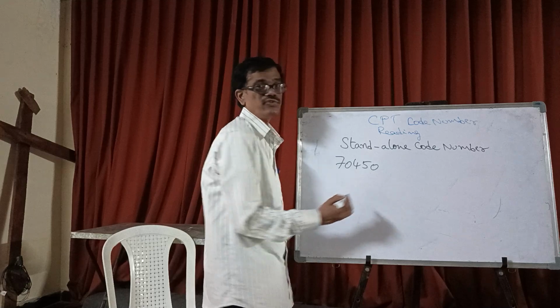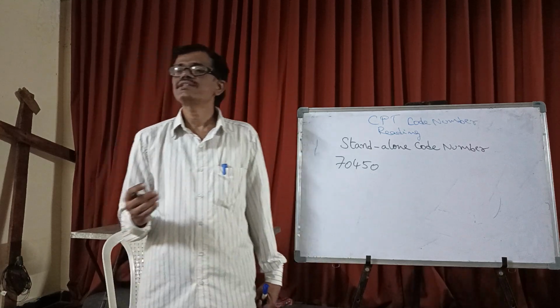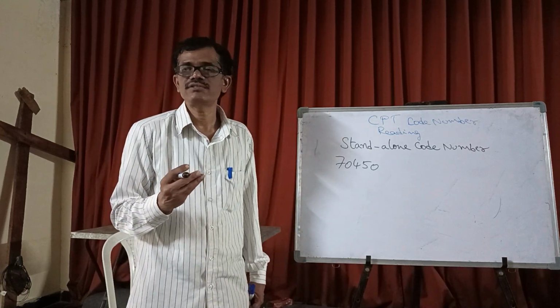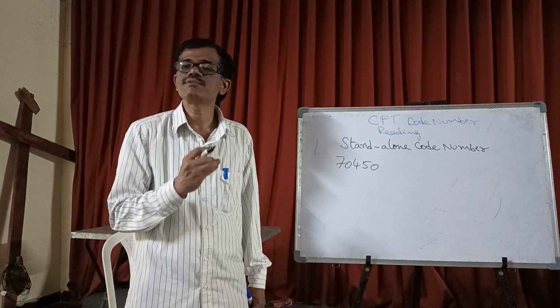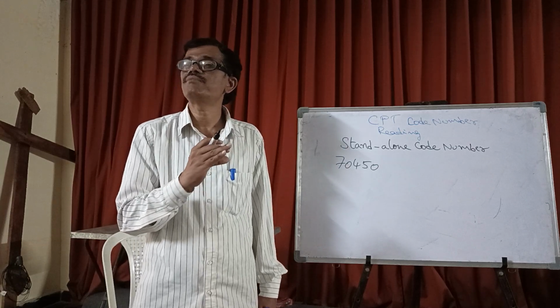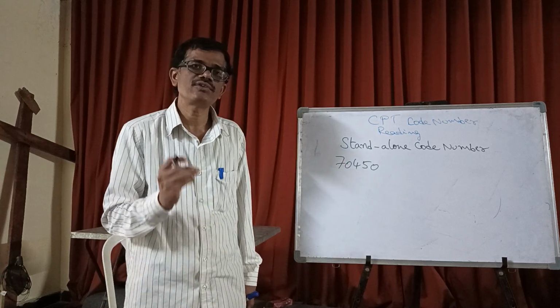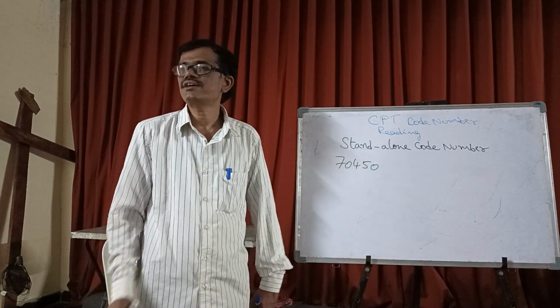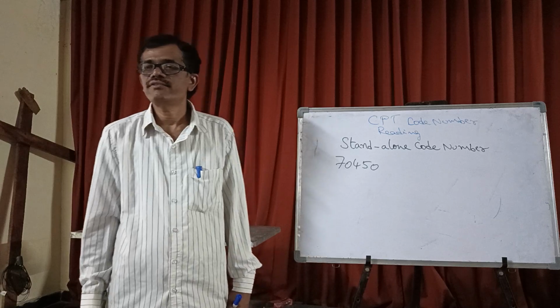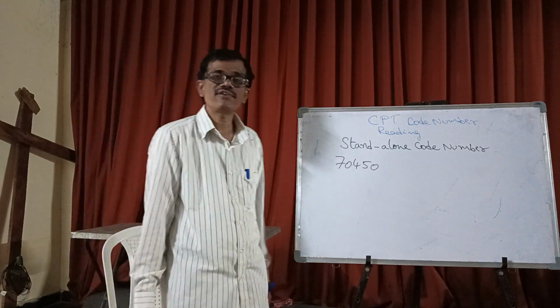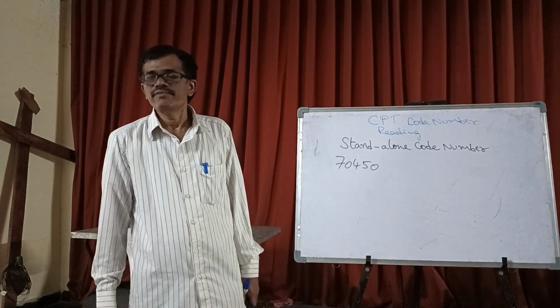In 70450, do we have a complete description or an incomplete description? Can you see? A complete, full description, like a full paragraph is given. What have they written? Computed tomography of head or brain without contrast.